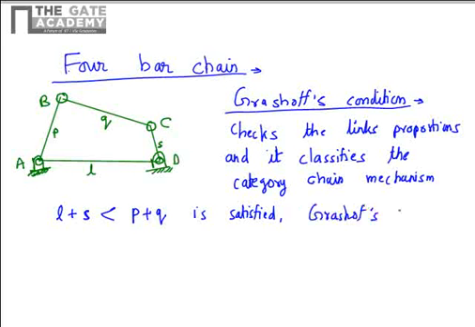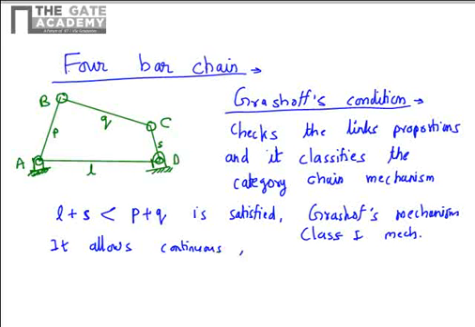Grashof's mechanism, or a class 1 mechanism. What is special about a Grashof mechanism is that it allows continuous relative rotation between two members.